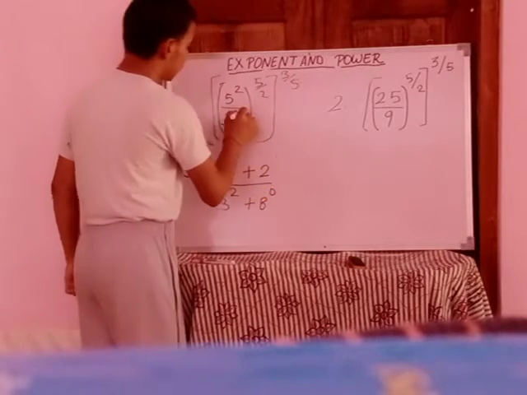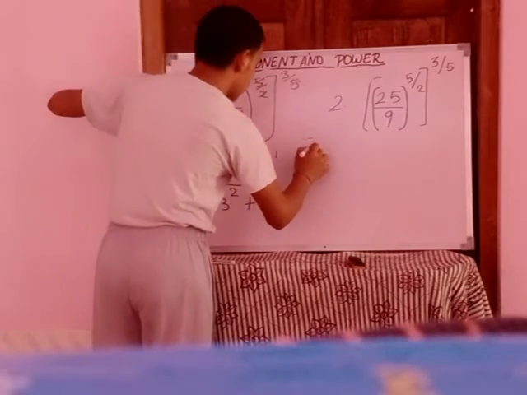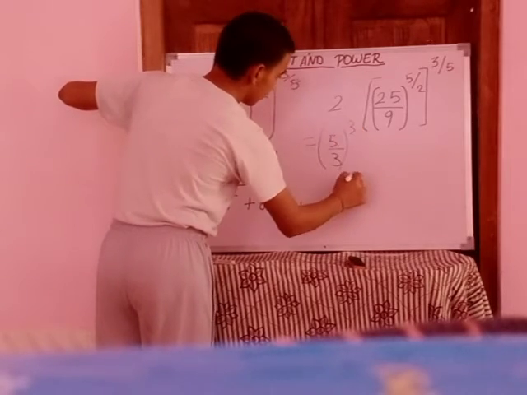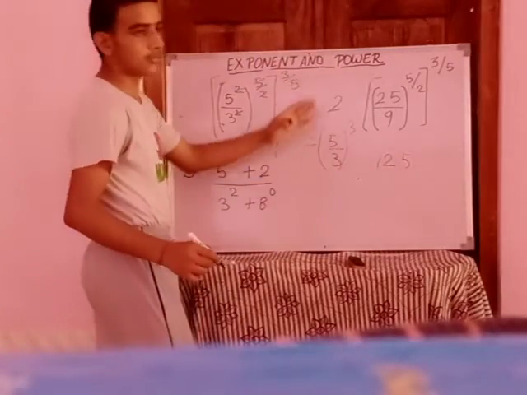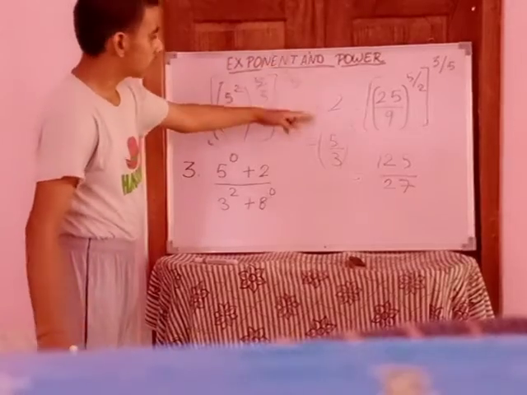Here the 2 and 2 cancel out, and the 5 and 5 cancel out. We get (5 by 3) whole raised to the power 3. So 5 raised to the power 3 is equal to 125 and 3 raised to the power 3 is equal to 27. So this was the answer of our second question.